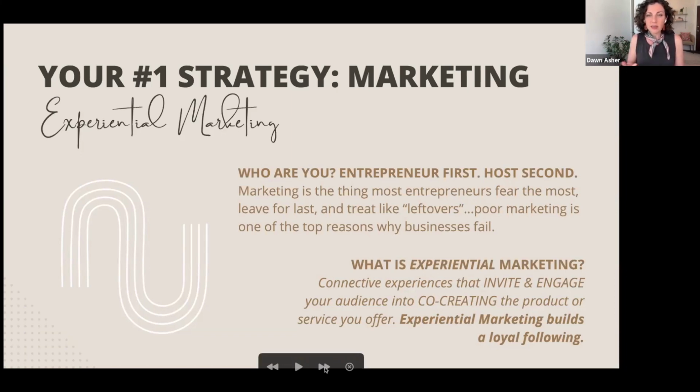Experiential marketing is defined as connective experiences that invite and engage your audience into co-creating the product or service that you offer. Experiential marketing actually builds a loyal following. And we'll get into the weeds a little more about what it actually means to make that audience a co-creator.